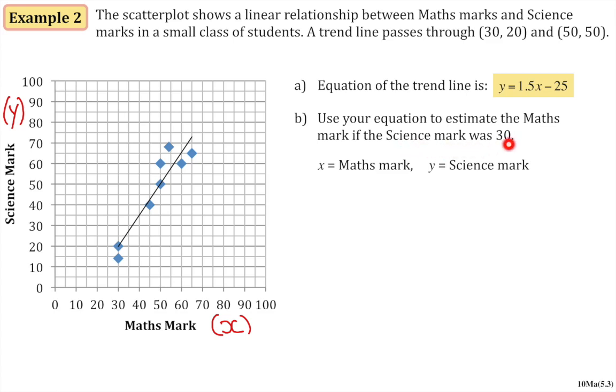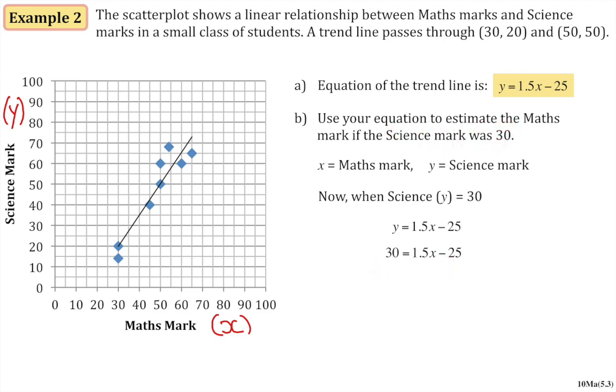And the question says the science mark was 30. If I use this formula, that means if the science mark was 30, I'm going to let y equal 30. So my formula now becomes 30 equals 1.5x take 25 because the science mark or the y value is 30.